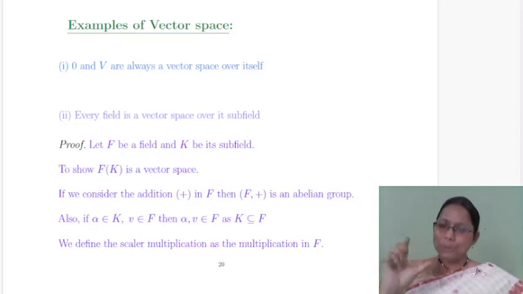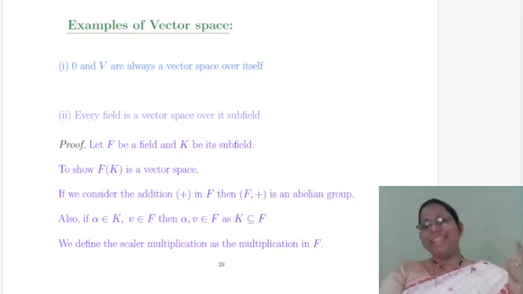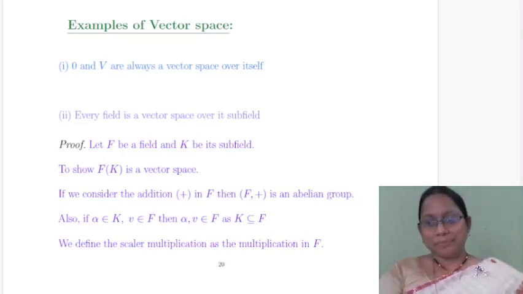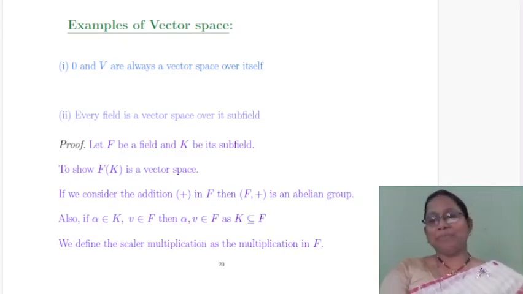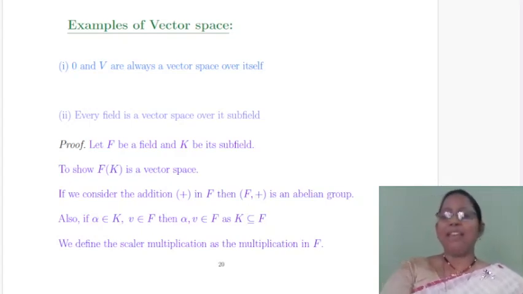You should show the 12 more additional points that are required for a vector space. I am leaving it to you as a home assignment. In case of any problem or difficulty, you can ask me, and I will help you to solve this one.